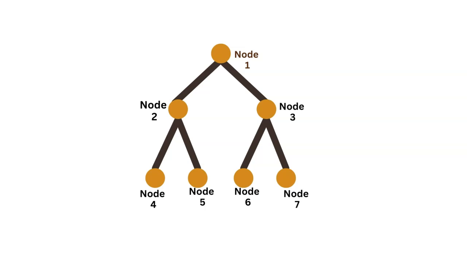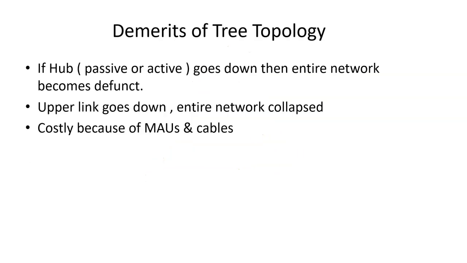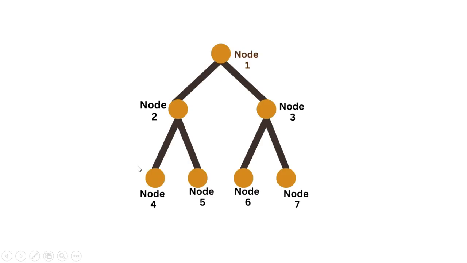And if this central node, node 1, which is also known as the active node or active hub, gets damaged, then this complete topology stops working. We have also mentioned here that if an upper link goes down, the entire network below collapses. Means if the link between the upper node, that is the central node, and the immediate lower node gets damaged, then the network below that link will not work.